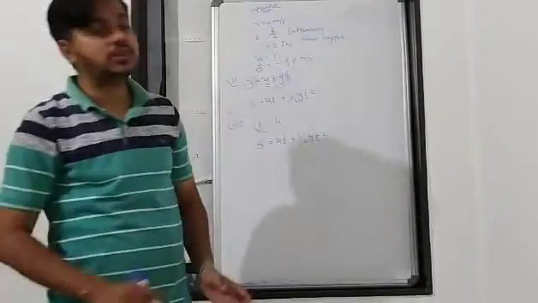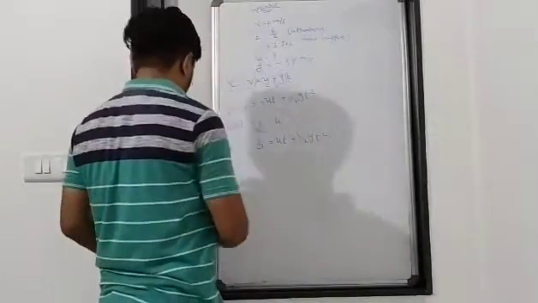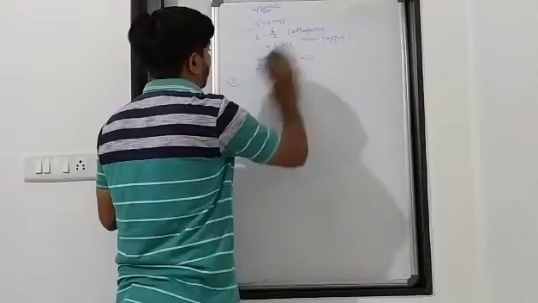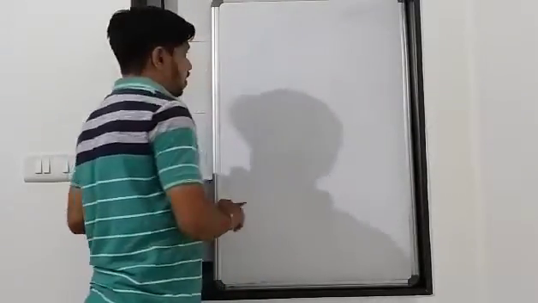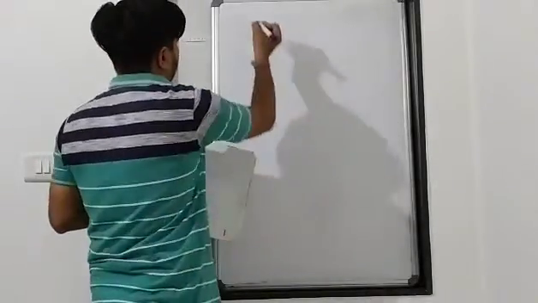Then you have to find the density of that object, right? What is the density of that object? For that you need the mass and the volume. So what is the mass? The mass is 50 gram.